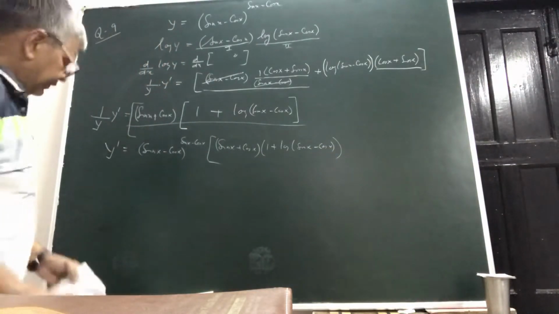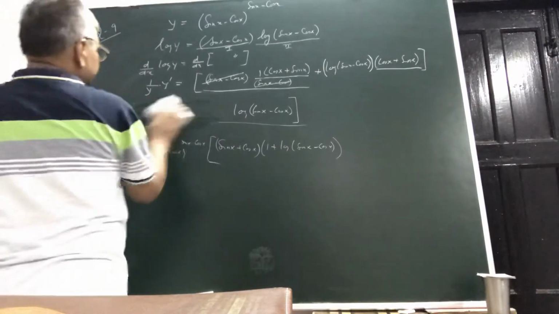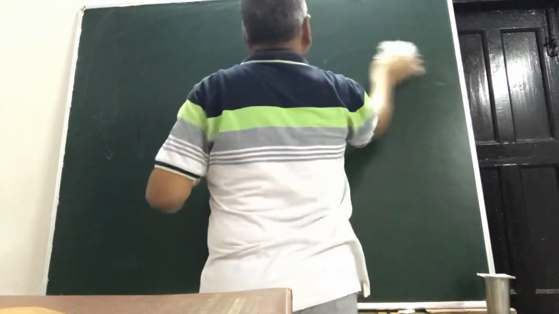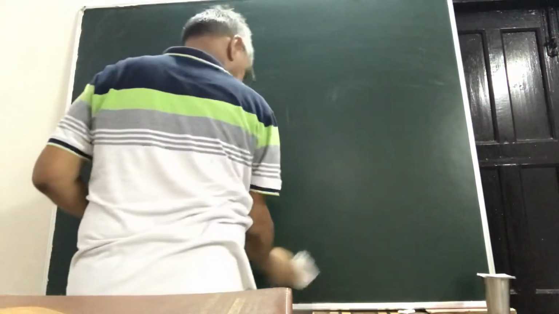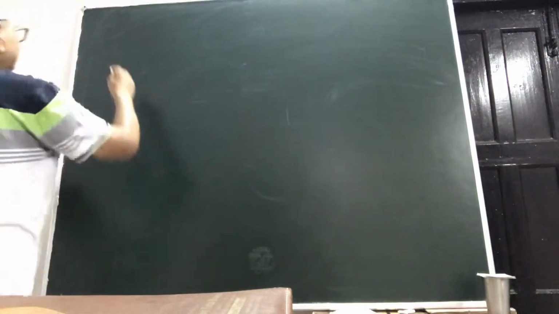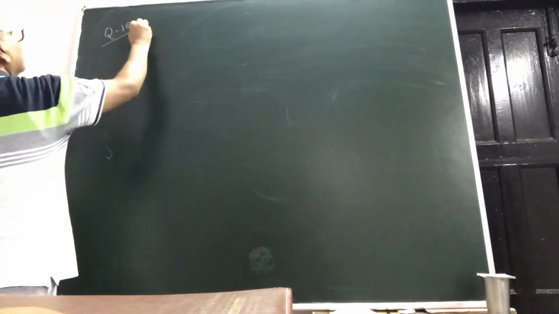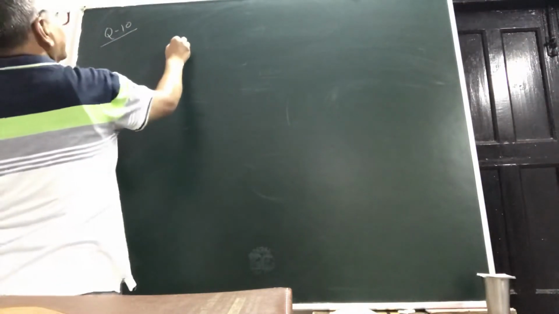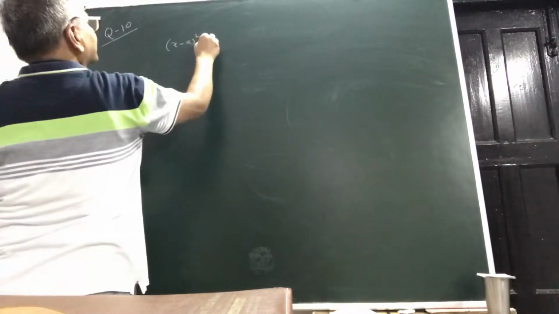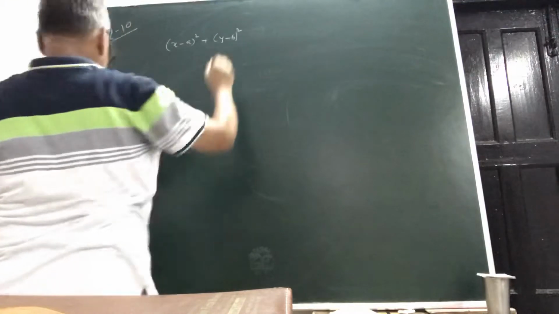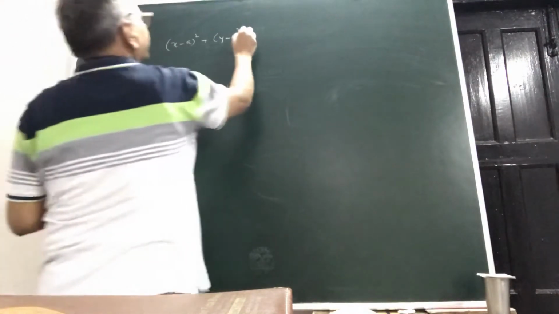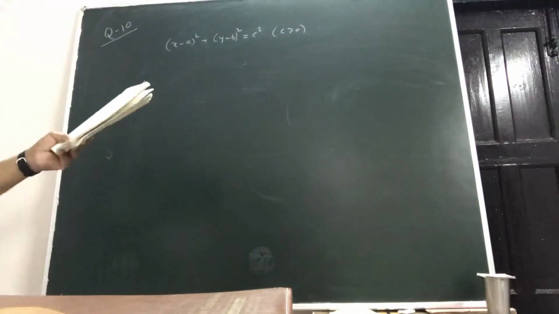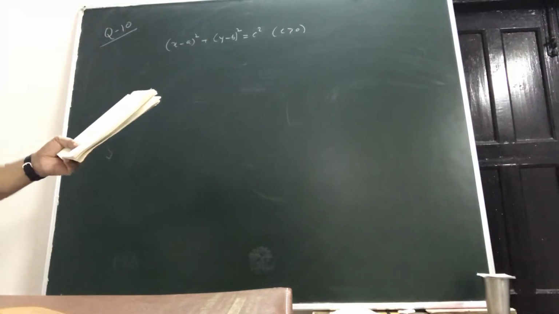Now see, we start with the further questions here. Let me take question number 10, please. If x minus a whole square plus y minus b whole square is equal to c square for some c greater than 0, then you have to prove that 1 plus dy by dx whole square raised to power 3 by 2.